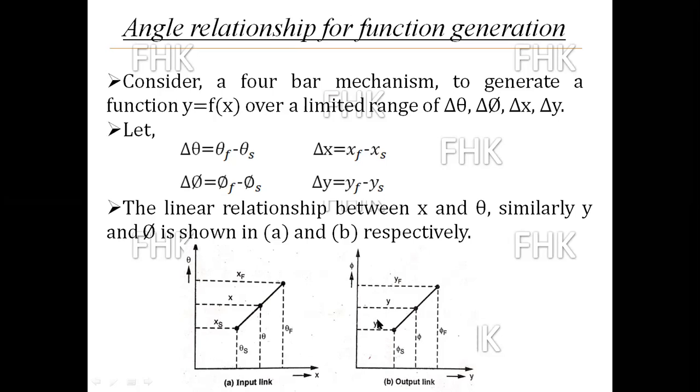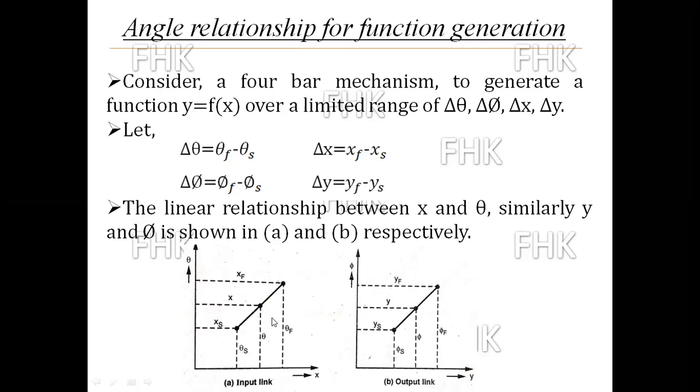When y is starting, it will make the angle phi starting with fixed link. At y final, I will get phi final. So I will get a linear relationship of precision point with respect to the inclination of output link with the fixed link.